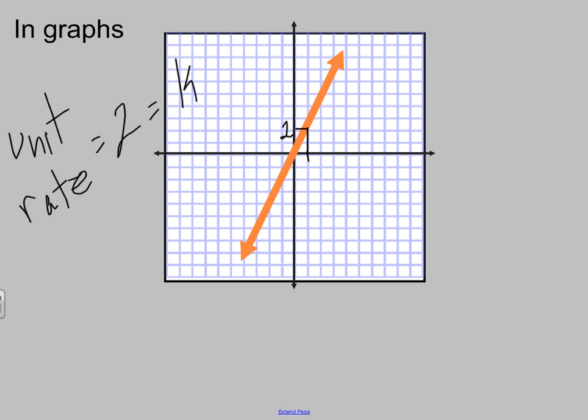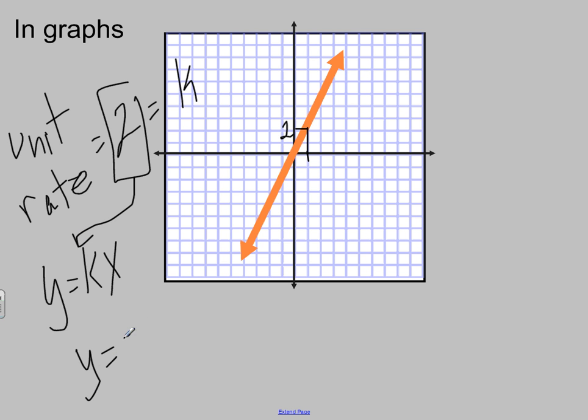It is the same thing that you have been working with for weeks. So just like we could before, we can take this constant of proportionality and make it an equation. Standard form of a proportional relationship is y equals kx. Plug our unit rate, our k, into that equation, and we get y equals 2x. That's the equation of our line.